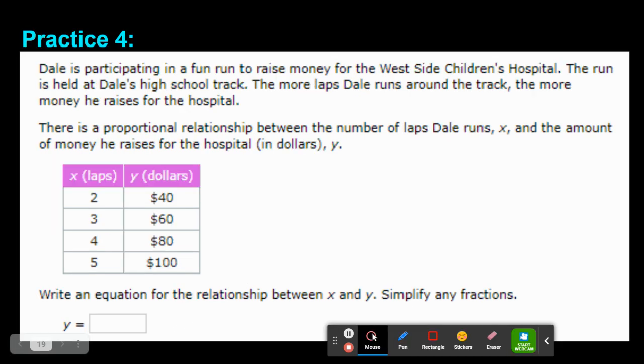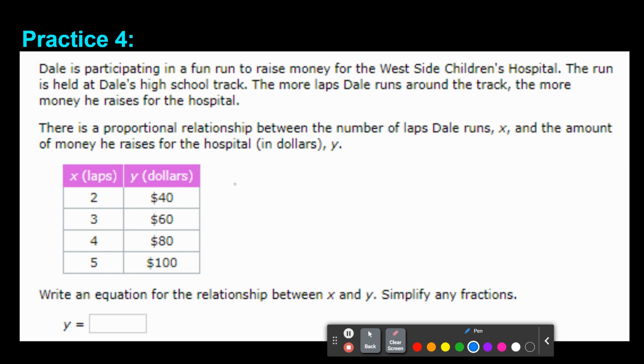Go ahead now, try this one. What is our equation for this table? Again, they're telling you it is proportional. Since we know this is a proportional relationship, we can take any of these points.